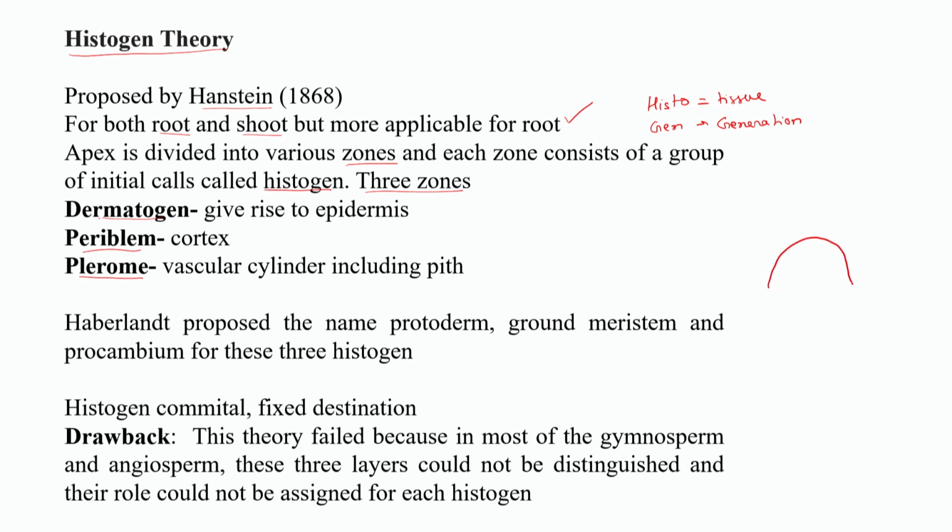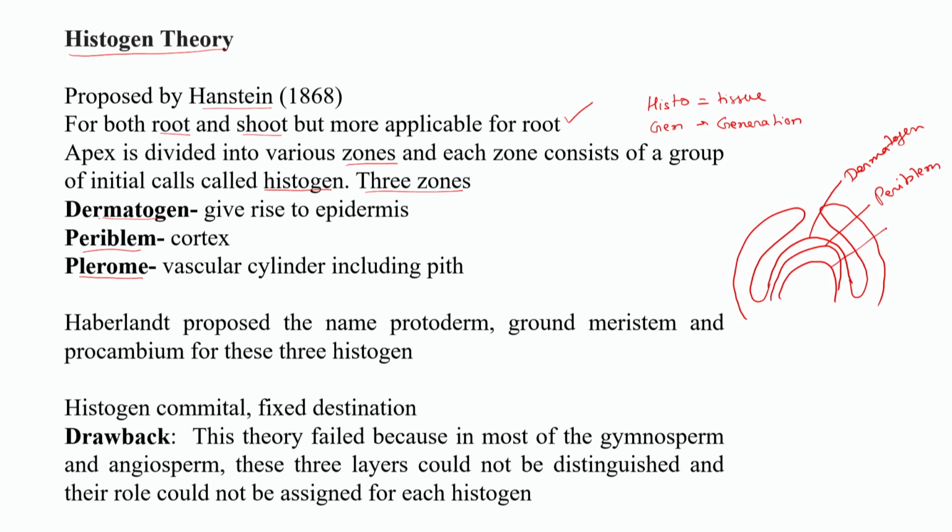If you try to see the structure of this shoot apical meristem, basically 3 layers were there: dermatogen, periblem and plerome. In the root apices we have discussed all those things, but in shoot also you can find 3 layers were formed. Dermatogen was giving rise to epidermis, periblem was giving rise to cortex and plerome was giving rise to vascular tissues.